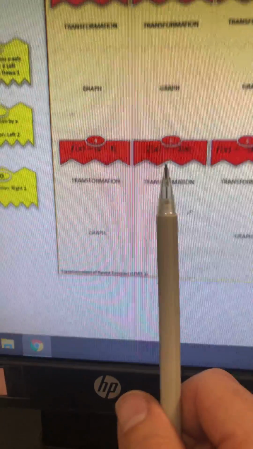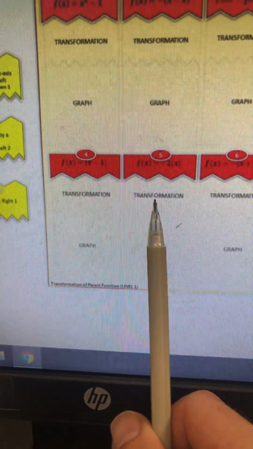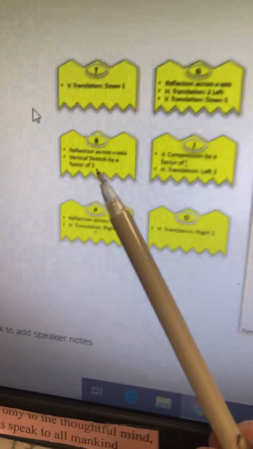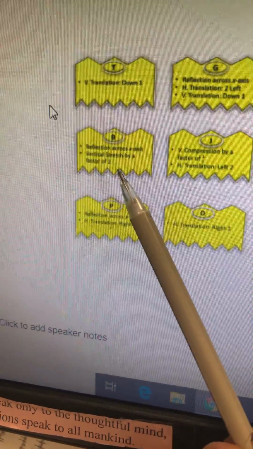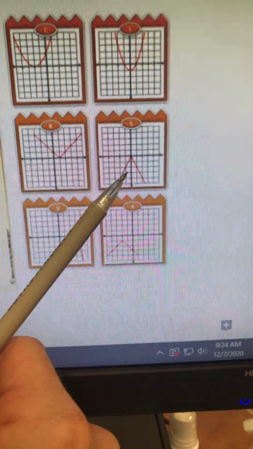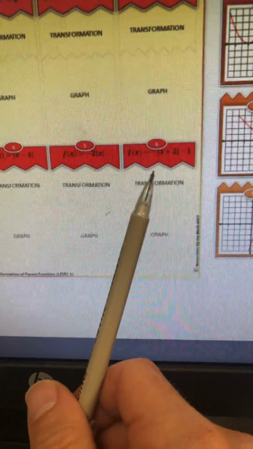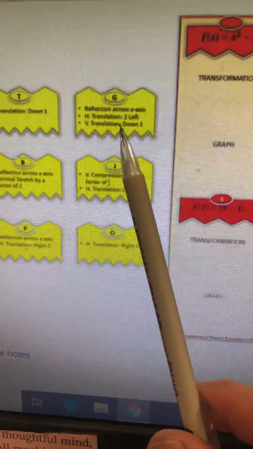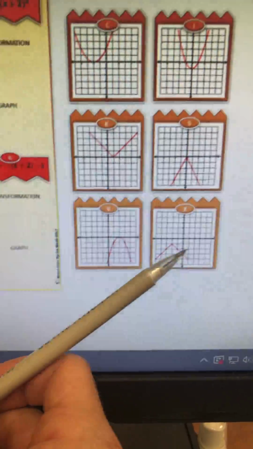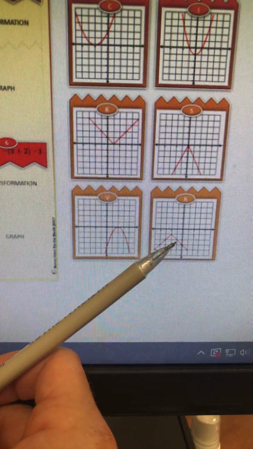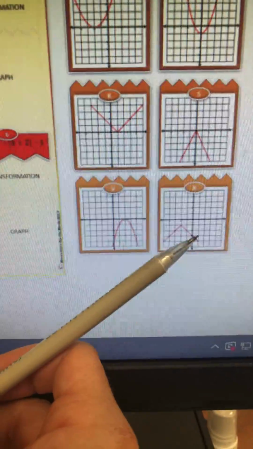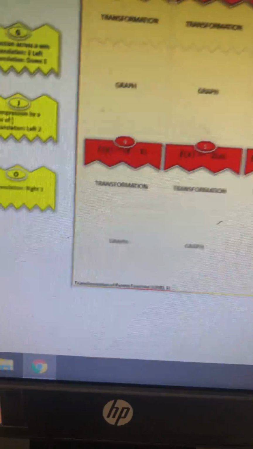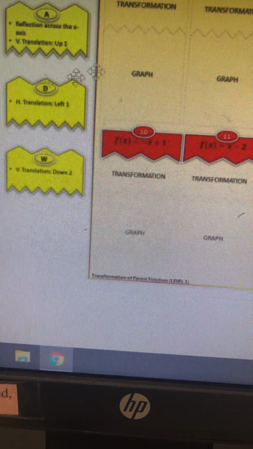For number 5, the transformation should be B. And the graph for that one should be S. And for number 6, the transformation should be G. And the graph should be X. Okay? Hopefully I'll show you on the second slide a little bit more of the reason why.